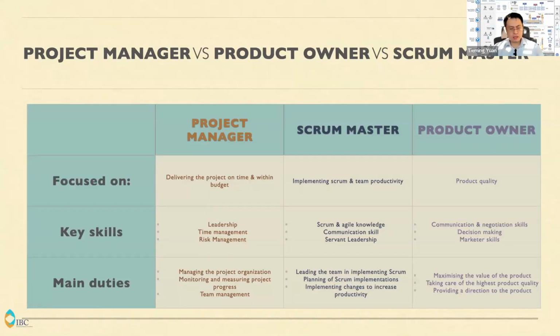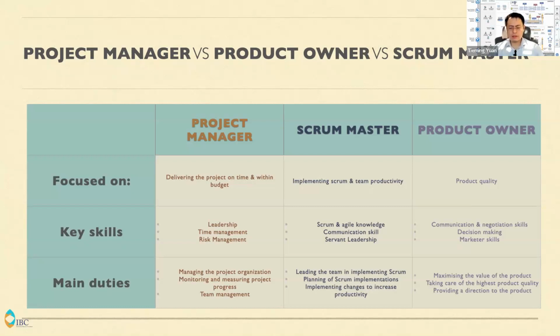The key skills he or she needs to use are leadership, time management, and risk management, to make sure that the project is delivered on time and within the budget. The main duties are to manage the project organization, monitor and measure the project progress, and manage the team.